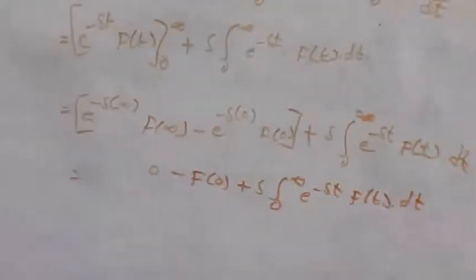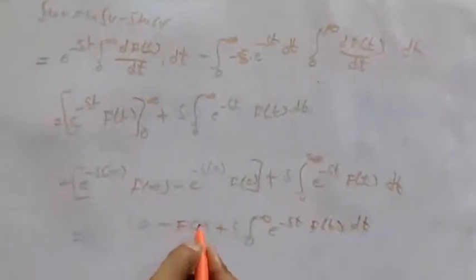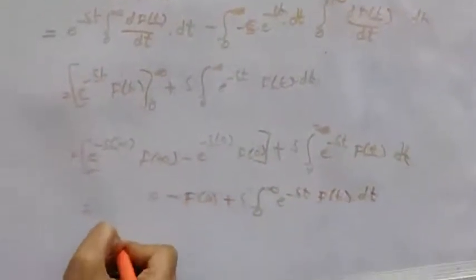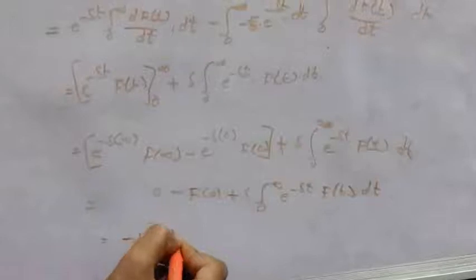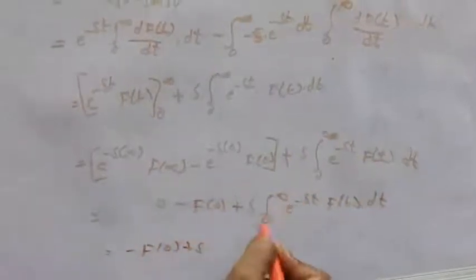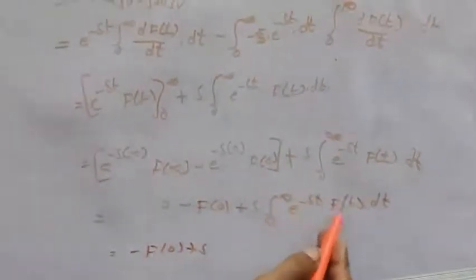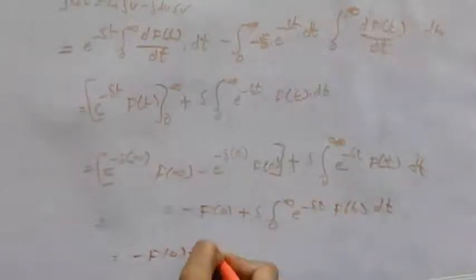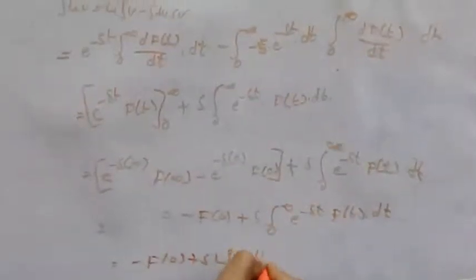Now here, 0 minus f of 0 is minus f of 0, plus s. Here integral 0 to infinity e power minus st f of t into dt is nothing but L of f of t.